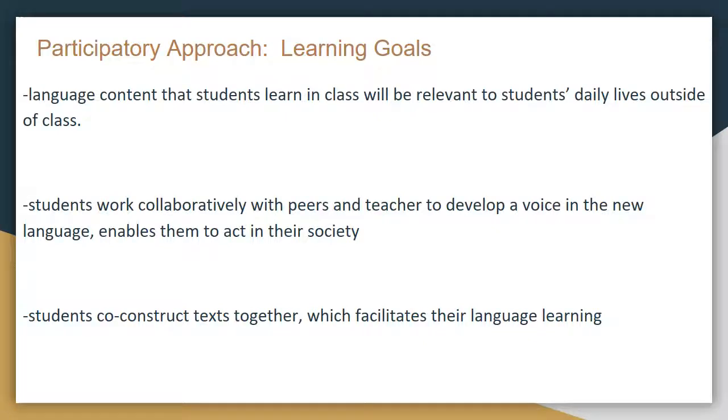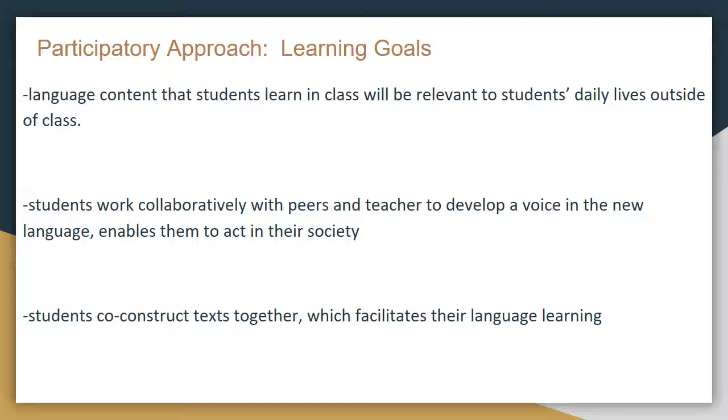As we mentioned before, the learning goals of the participatory approach is that students will understand the language that is necessary for their daily lives, and they'll be able to use that language to communicate effectively with community stakeholders.